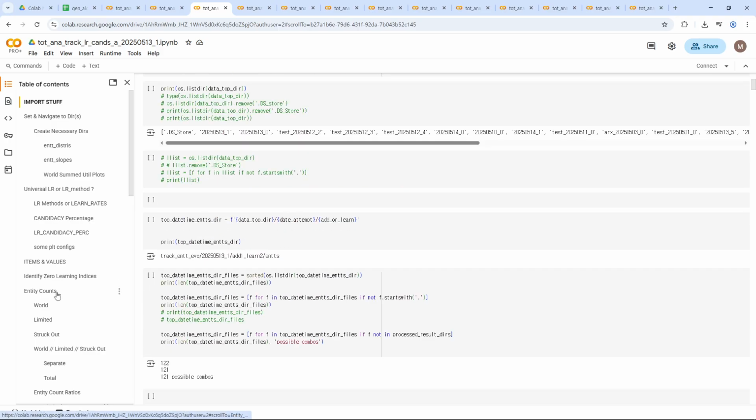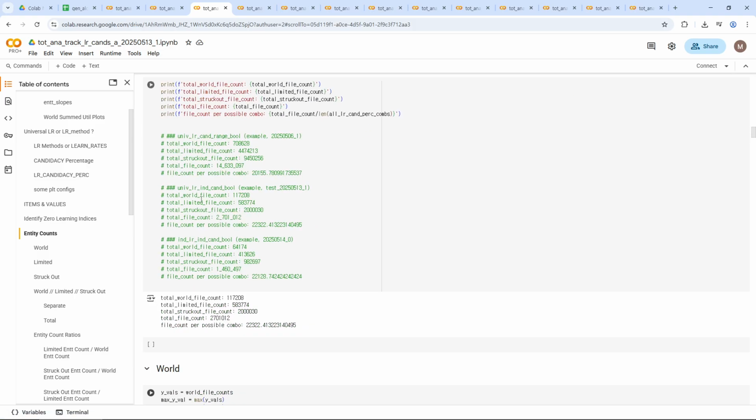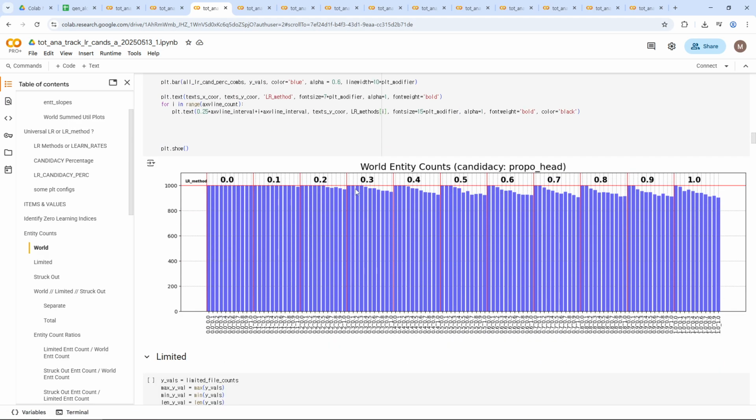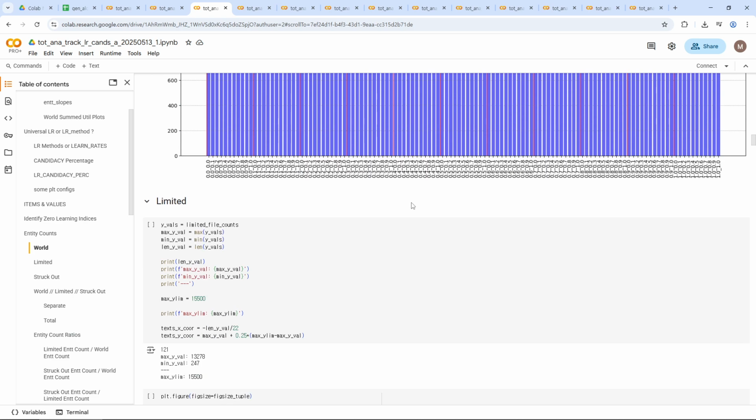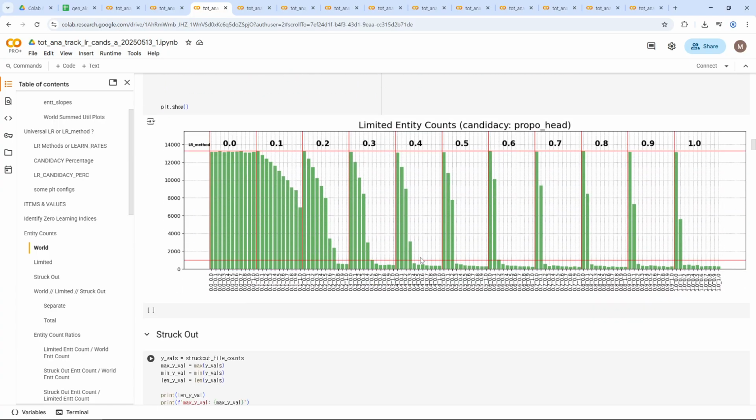We go straight to entity counts, world. Again, similar pattern here. Higher learn impact, meaning fewer entities in the final world. For the limited entities, same thing.